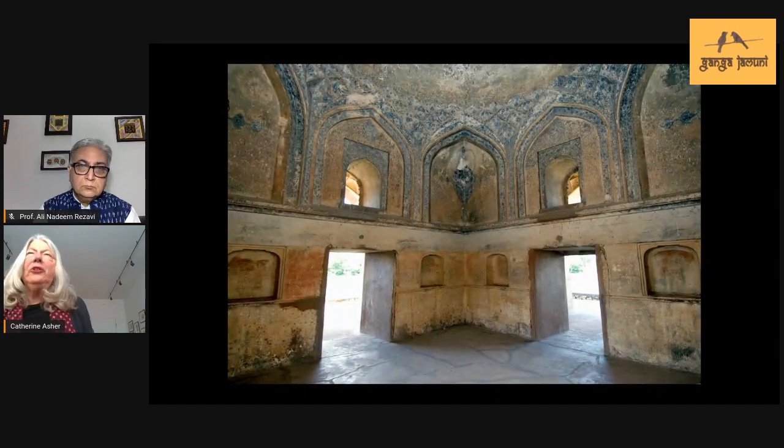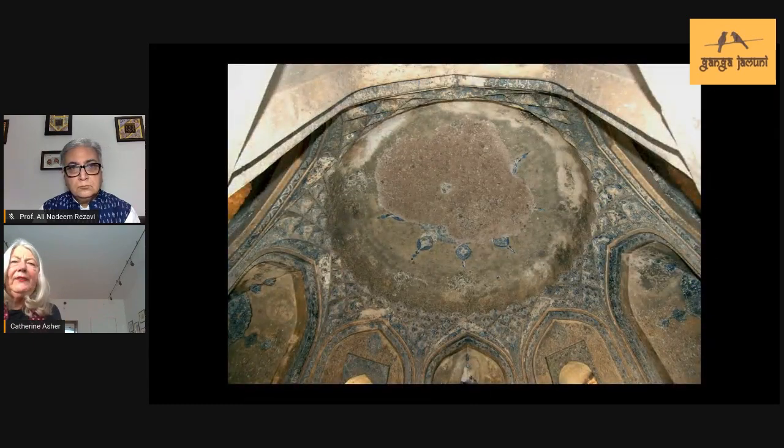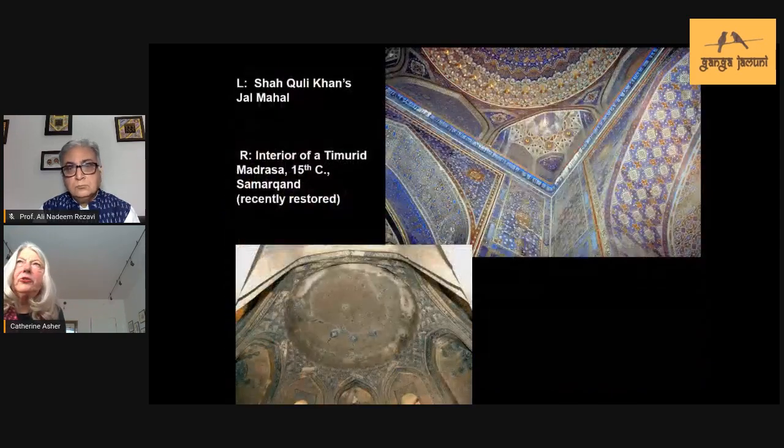However, the interior, as you can see, I can actually not see my screen because the sun is so bright, but the interior is much more Timurid in effect. So again, we have this conflation, this sharing of traditions in a single structure.